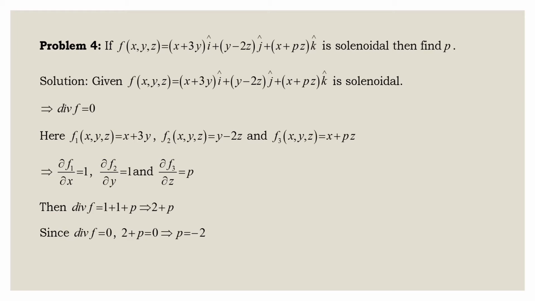Given that this vector field is solenoidal, what is the meaning of a solenoidal vector field? A solenoidal vector field is a vector field whose divergence is 0.